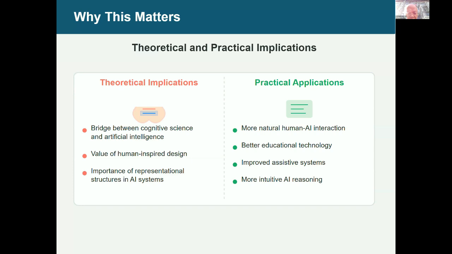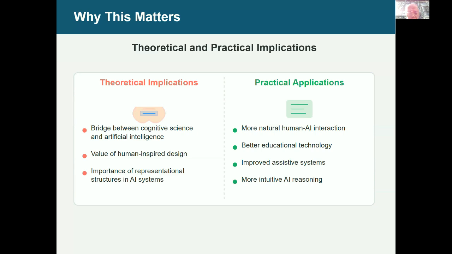Our findings also highlight the importance of representational structures in addition to architectural innovations. While attention mechanisms have been the primary focus of recent research, our results indicate that the fundamental units of representation, tokens, play an equally critical role.